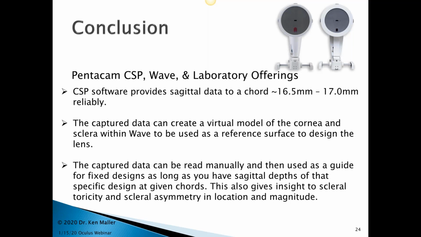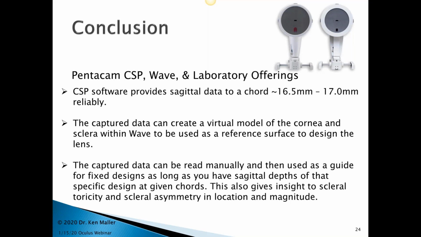But that is very, very good for the bulk of the lenses that are being fit these days. The captured data can create a virtual model of the cornea within WAVE, and you use that as a reference surface. That reference surface can really design some truly bizarre shapes that can match up to the scleras, which can also be quite bizarre.